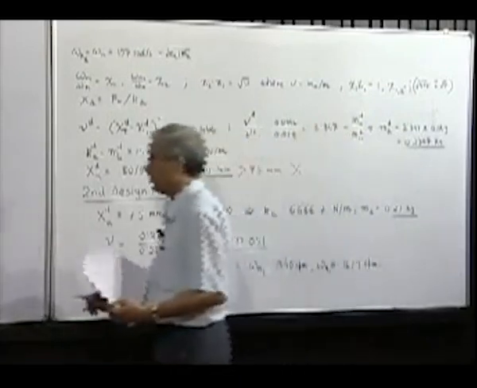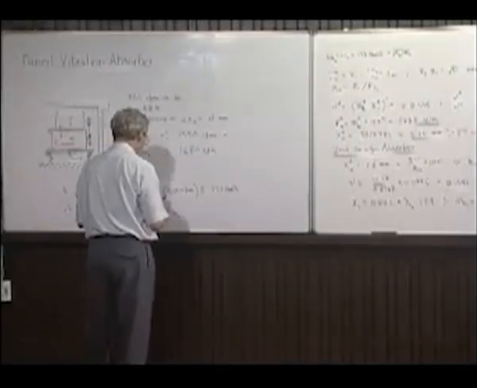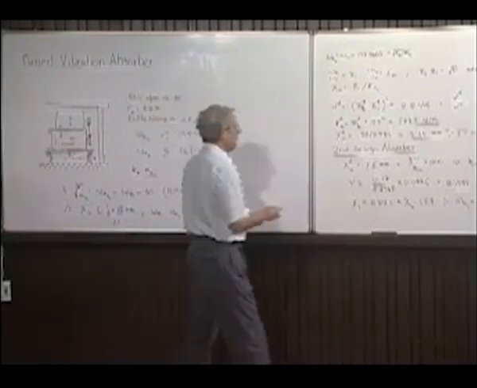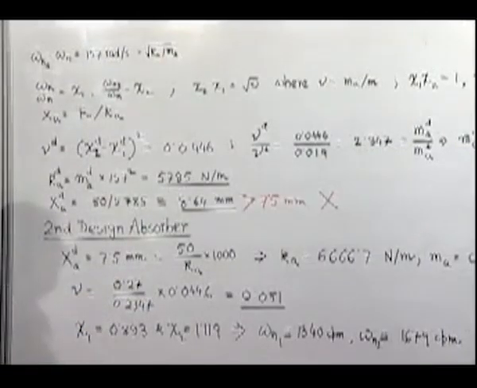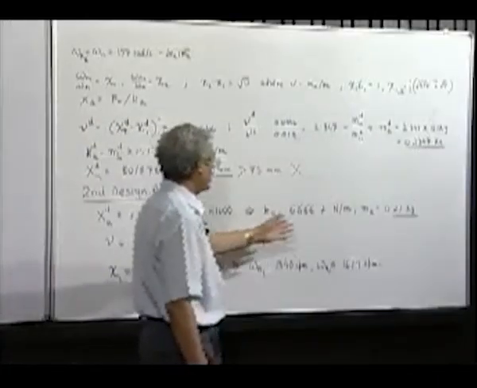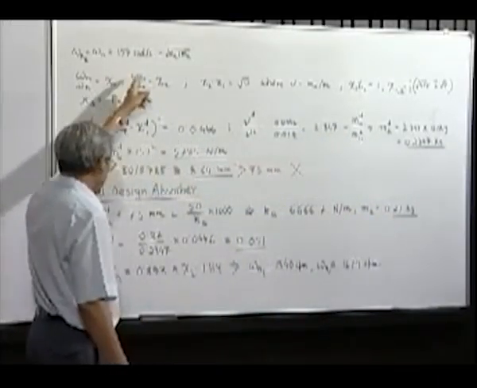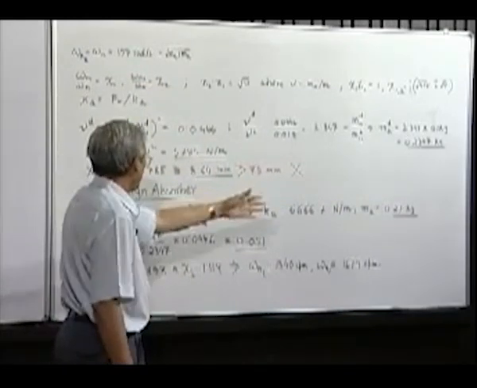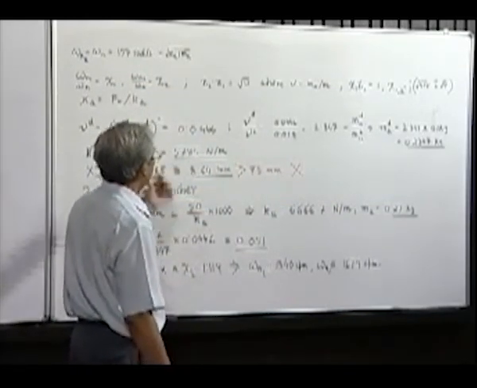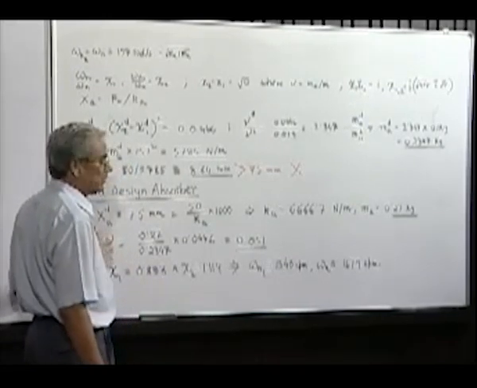Thus, we find that if we start by satisfying the rattle space condition like this, find out the stiffness of the absorber satisfying this and the resulting MA, because it has to have the same natural frequency as this. Once we know the mass of the absorber and we know for a given mass of the absorber what was the nu, we can find out what should be the nu in this case.